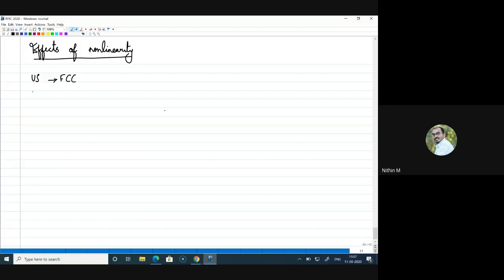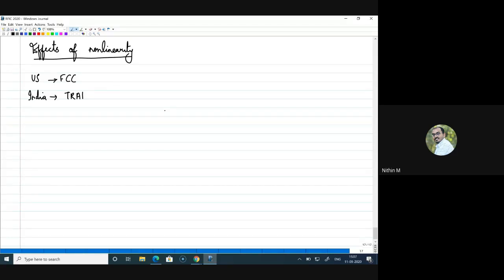Similarly, in India we have TRAI, the Telecom Regulatory Authority of India, and this authority has divided the entire country into different telecom zones, and they issue licenses depending on the need and the technology. I'm bringing all this up to explain why we are studying the effects of this non-linearity.